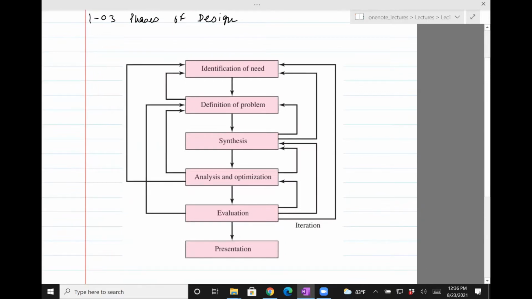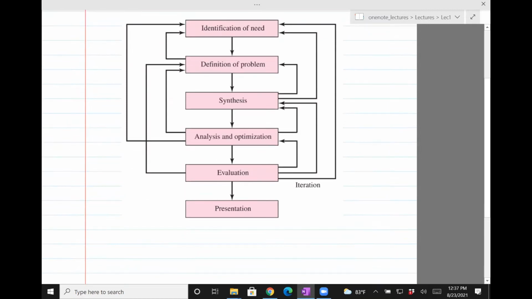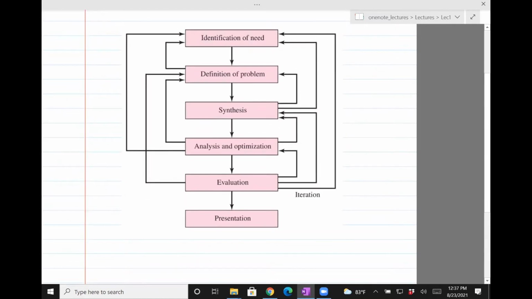Once you have a need, then you need to define what the problem is. So if you want to go from point A to point B, you need something to transport you. And then the question is, so that's the need, right? To go from point A to point B. And how do you define the problem, where the problem is to create a device which will take you from A to B. And then when you have that definition of the problem, you come up with a solution.